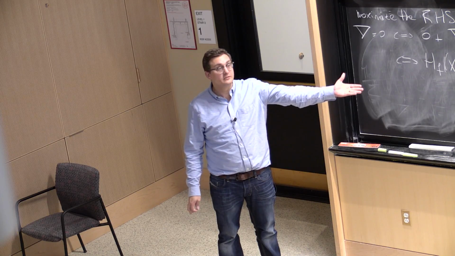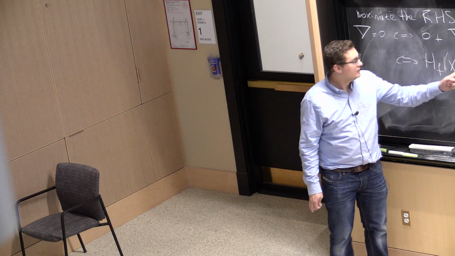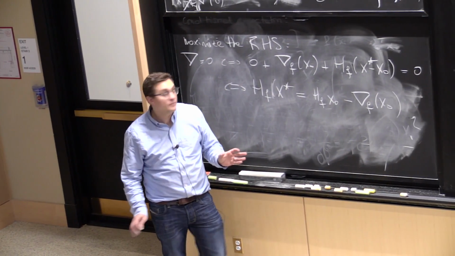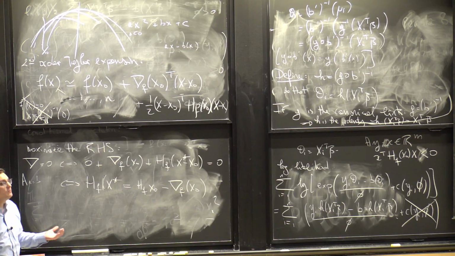This is just a system of linear equations. I just need to find the x star such that when I pre-multiply it by a matrix, I get this vector on the right-hand side. This is just something of the form Ax equals b, and I have many ways I can do this.